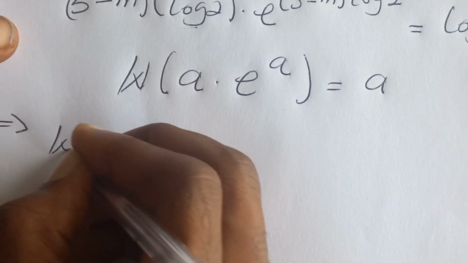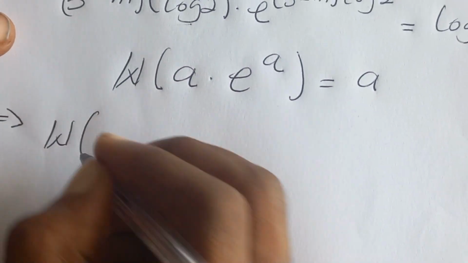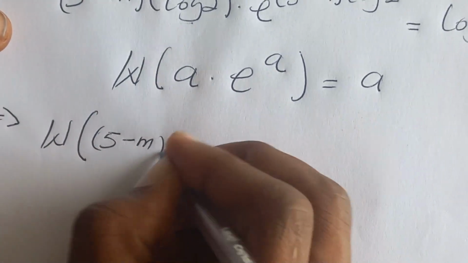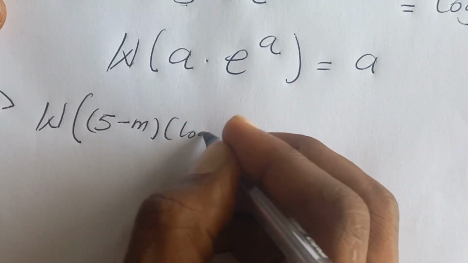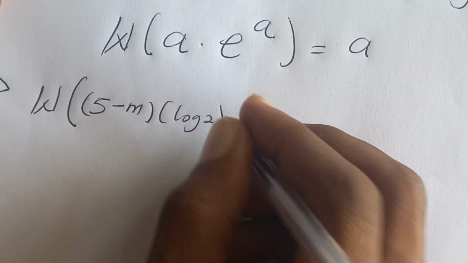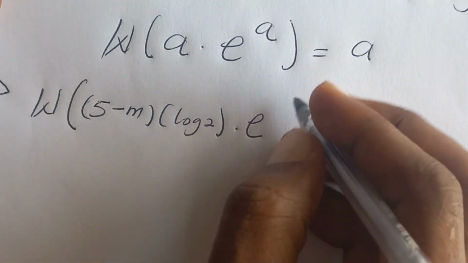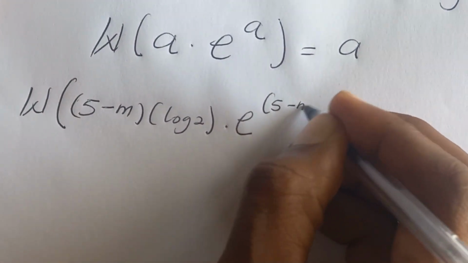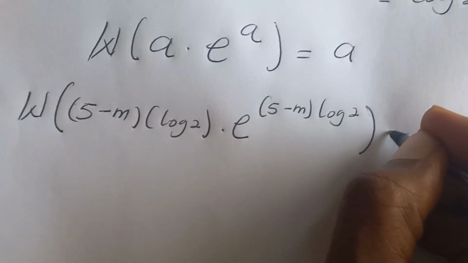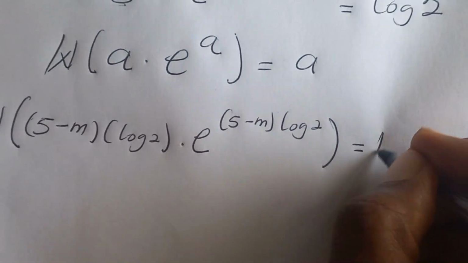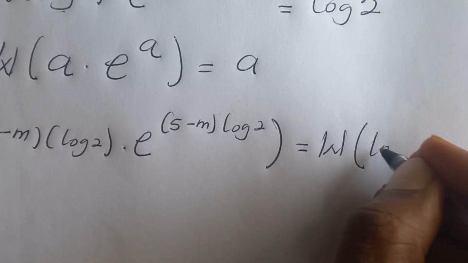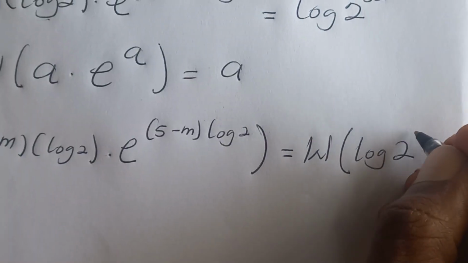So our W bracket 5 minus m log 2, multiplying by e exponent 5 minus m log 2 bracket close is equal to Lambert function of bracket log 2 exponent 32.